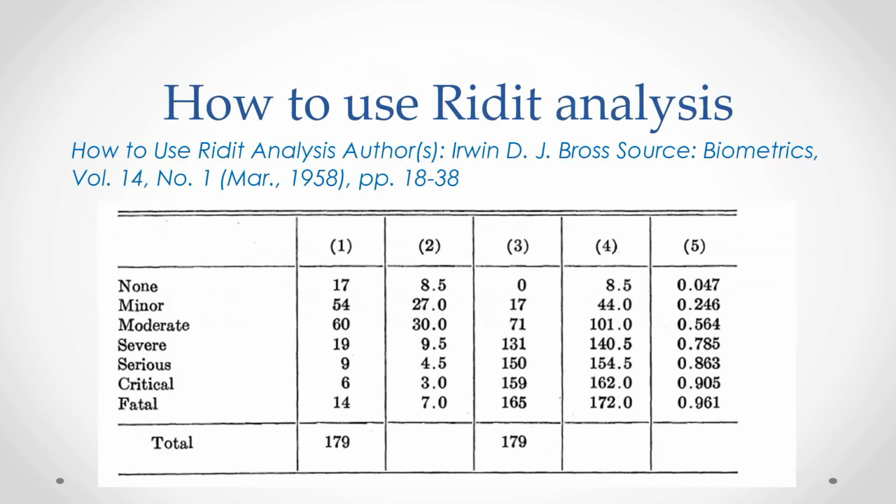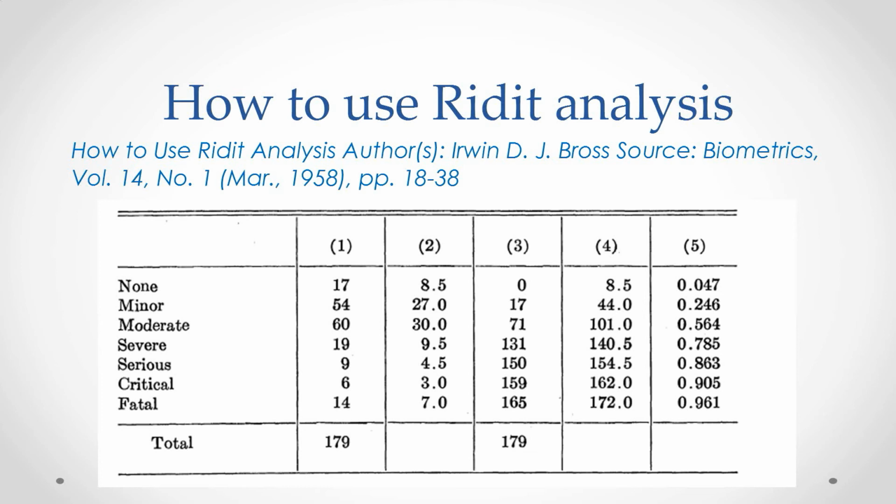A seminal paper which popularized the use of ridit analysis is How to Use Ridit Analysis, due to Bross, published in Biometrics in 1958. This is an application paper which illustrates ridit analysis of data from the Cornell Automotive Crash Injury Research Program.